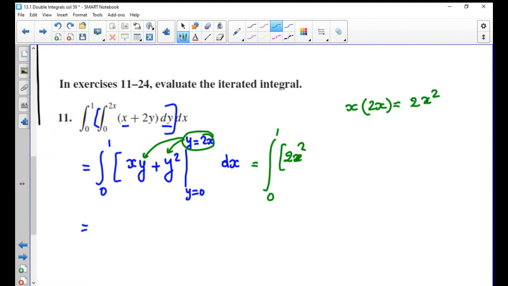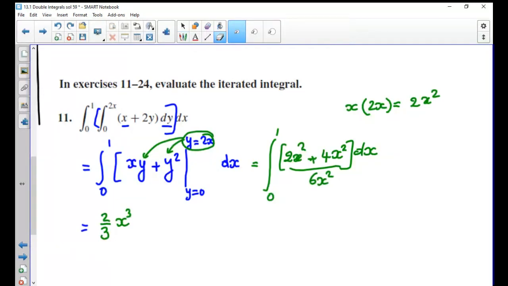And then we substitute y with 2x in the y squared term, which will give us 4x squared this time. I can put them together, so it's 6x squared that you want to integrate.